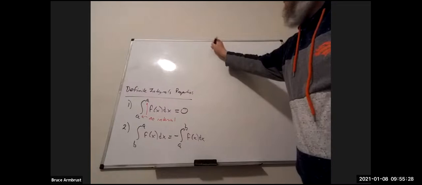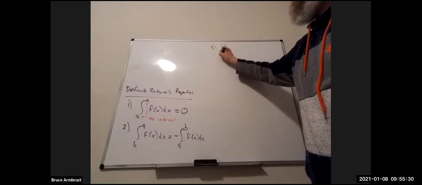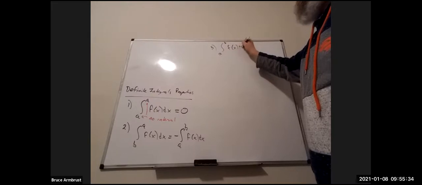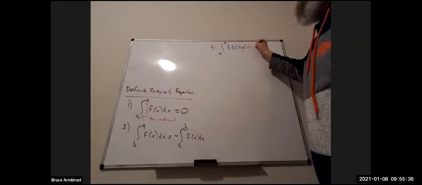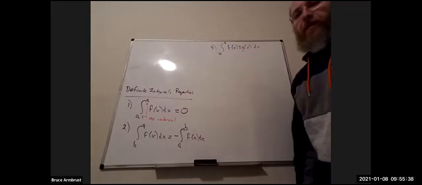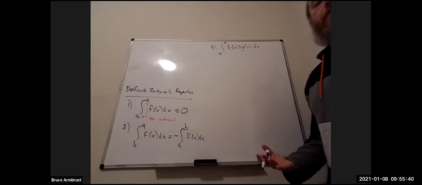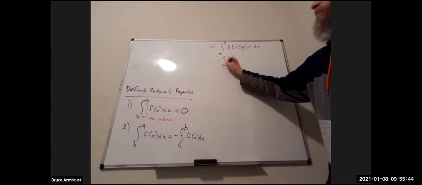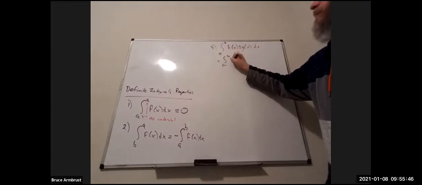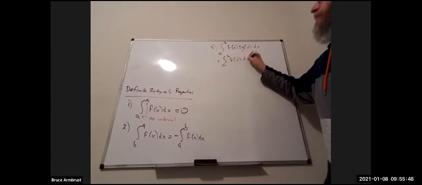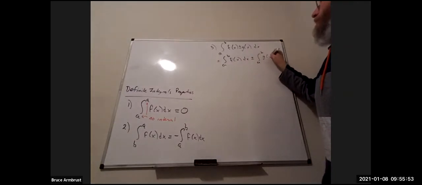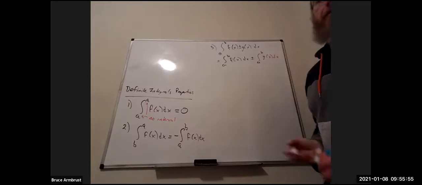So the third one here is, what if we're integrating from A to B, but we have a sum or difference of functions? So we're going to add two functions or we're going to subtract two functions. Well, it turns out that with integrals, you can actually split it up into the two different pieces and do them separately.